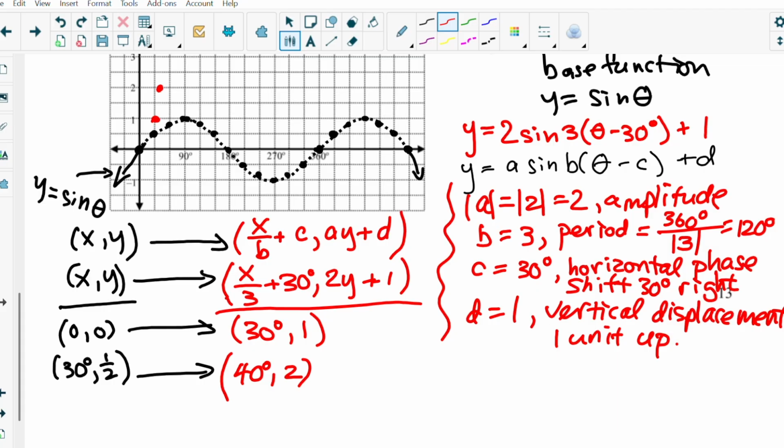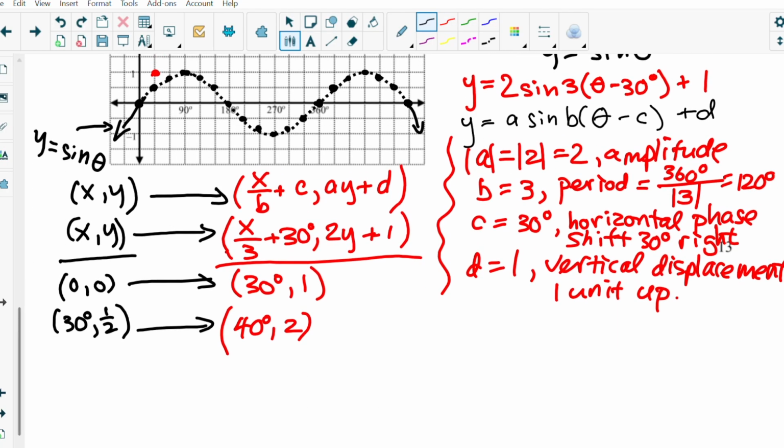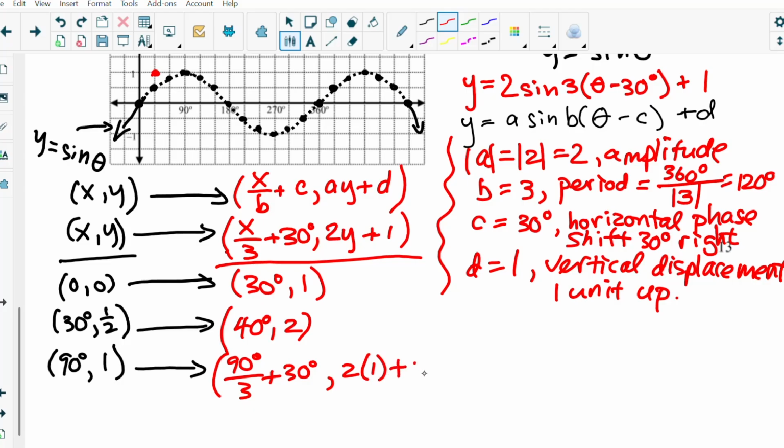Let's do one more at the maximum at 90 degrees. So at 90 degrees, our base function, we're at 1. So what does that look like? That's 90 degrees divided by 3 plus 30 degrees, comma, 2 times 1 plus 1.